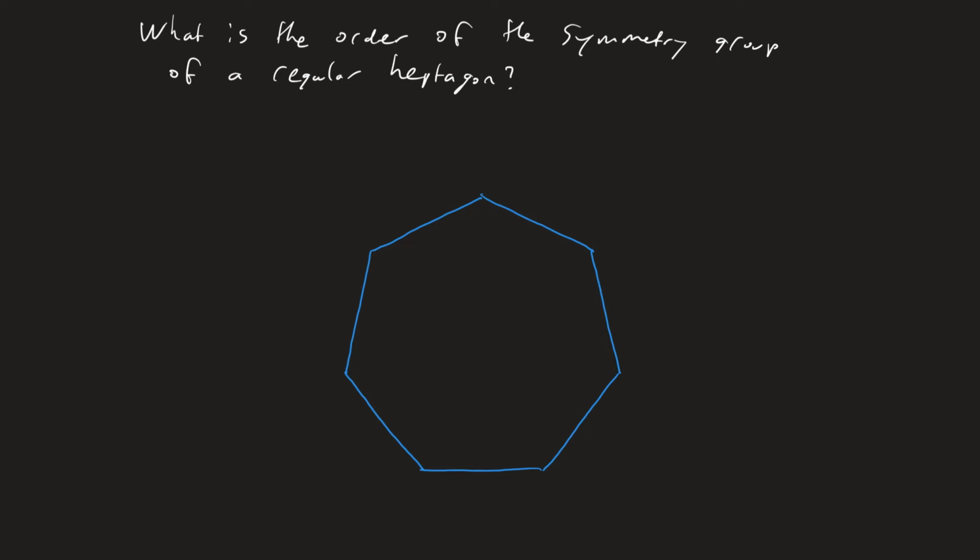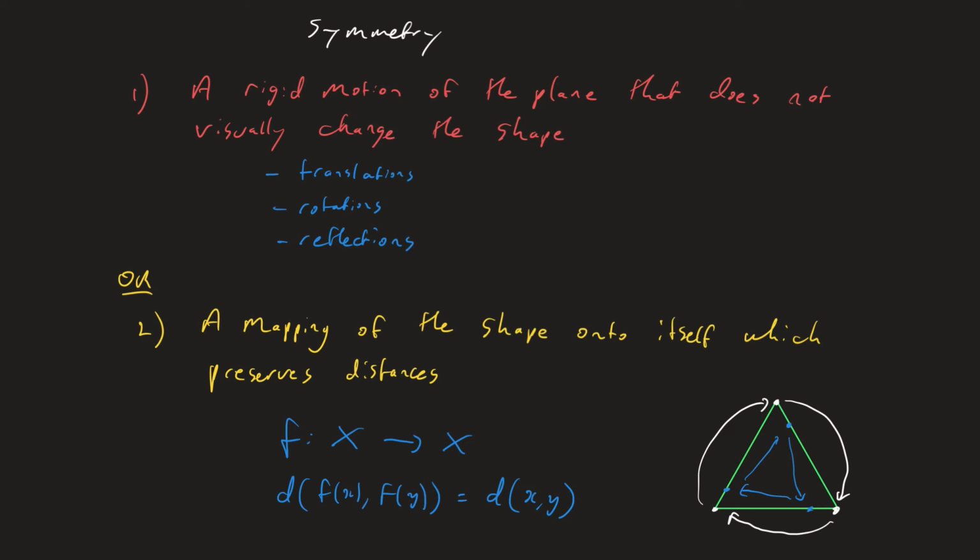on the next page we will define what a symmetry is of a shape in R2, in the two-dimensional plane. There are a priori two different definitions that are of interest, but it turns out that they are actually equivalent definitions.